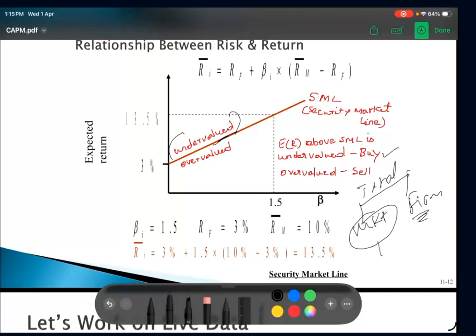So before you make any call to buy a security or a stock, it's important that you look at both aspects. Then only will your decision be more effective.